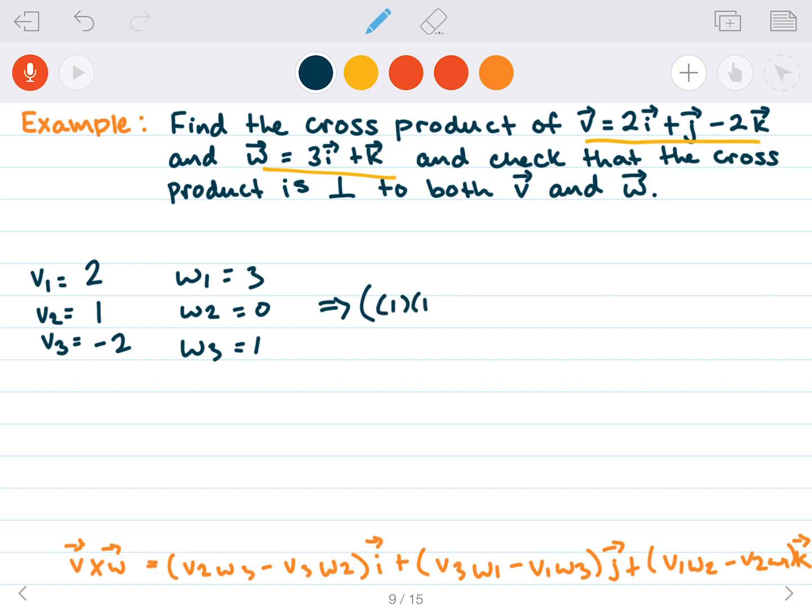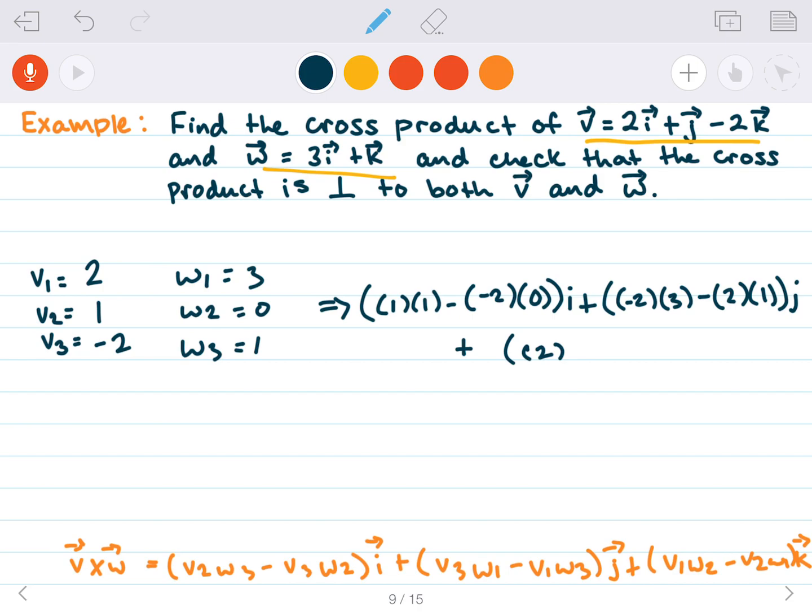So we have 1 times 1 minus v3, negative 2 times w2, which is 0, i, plus v3, negative 2, times w1, 3, minus v1, 2, times w3, 1, j, plus, and finally, v1 is 2, w2 is 0, minus v2 times w1, and that's times k.